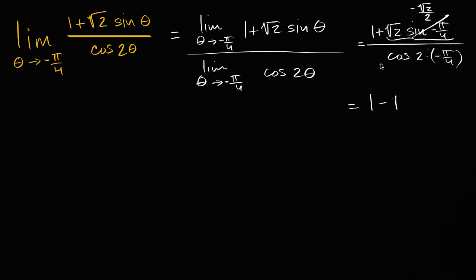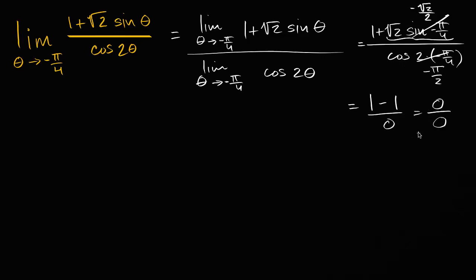All of this simplifies to negative 1 over cos of negative π over 2, right? If you thought in degrees, that's negative 90 degrees. Cosine of that is just going to be 0. So what we end up with is 0 over 0.